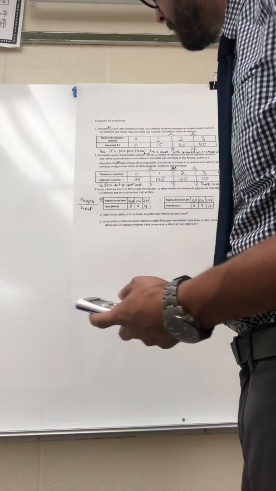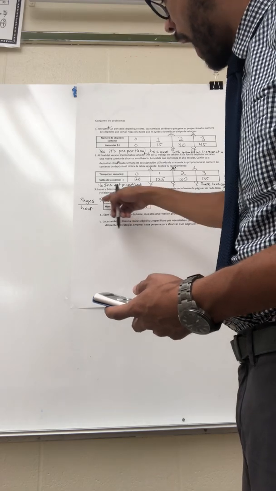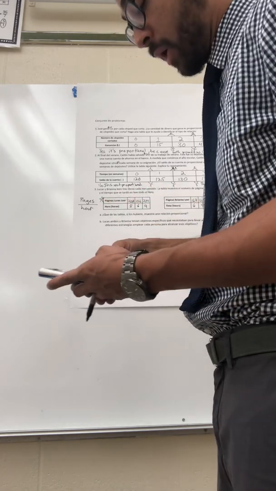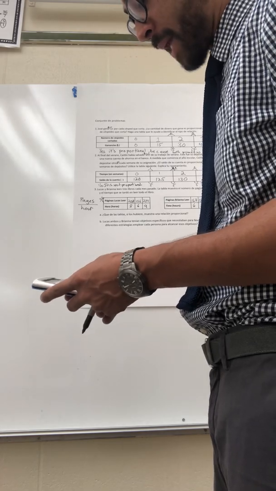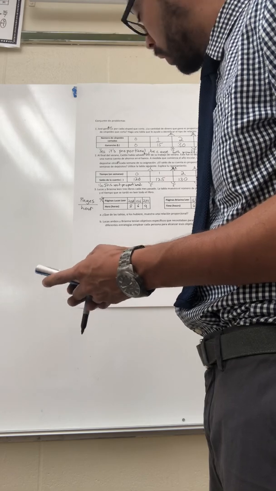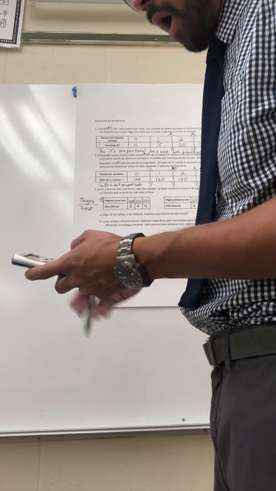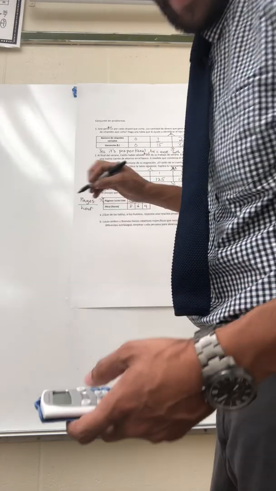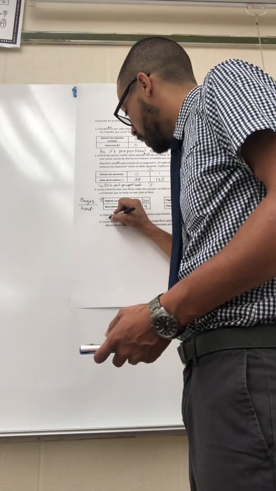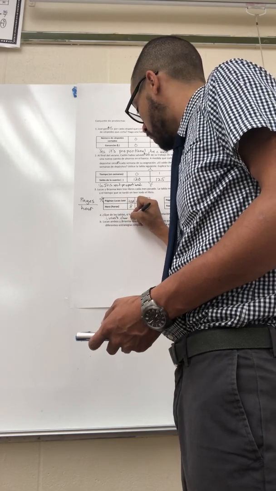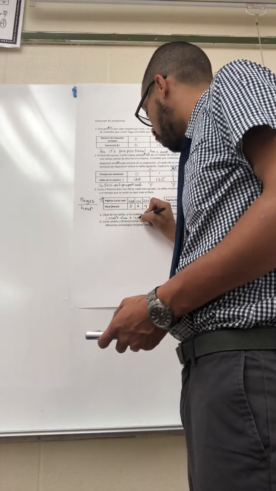So I know if 1 hour goes by, Lucas read 26 pages. Let's see. 156 divided by 6, also 26. 234 divided by 9, also 26. So Lucas definitely has a proportional relationship. Lucas's chart is proportional.